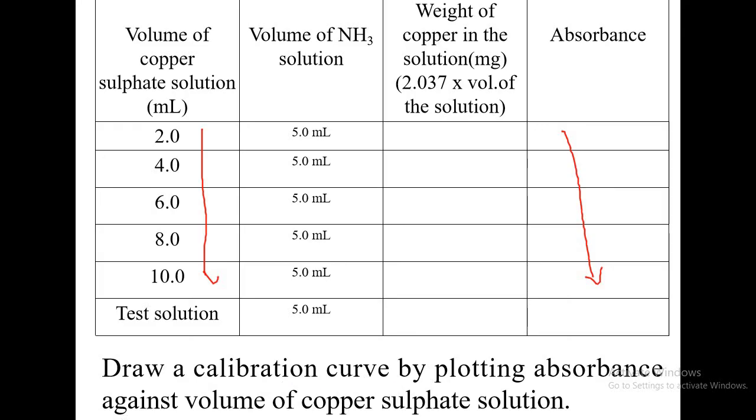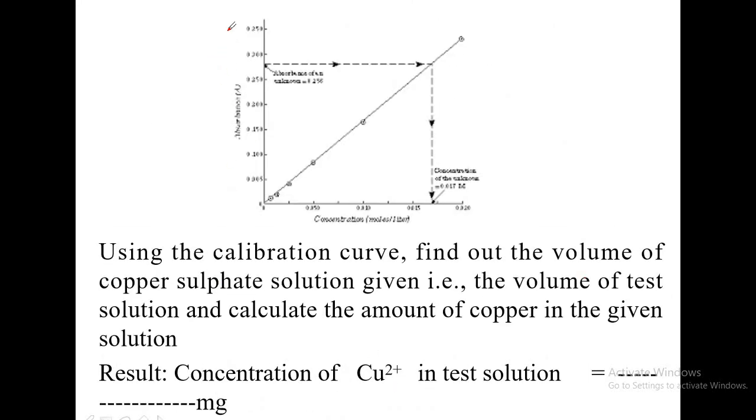Next you have to plot a calibration curve, taking absorbance along the y-axis and concentration of the copper ions along the x-axis. So you will get a straight line passing through the origin.